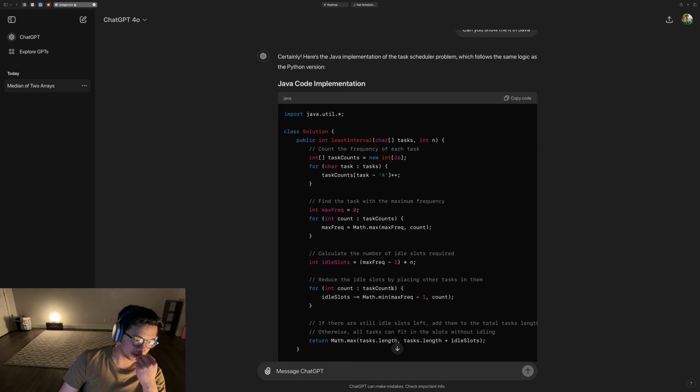Reduce the idle slots by placing other tasks in them. Idle slots minus equals max dot min, or Math dot min. What the heck?